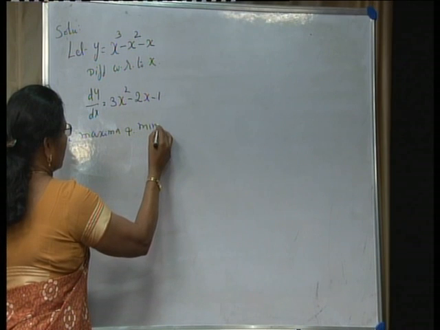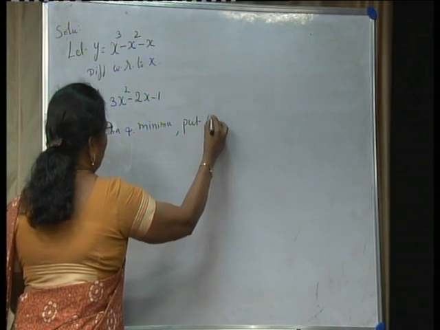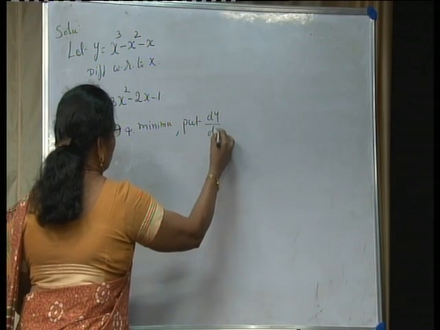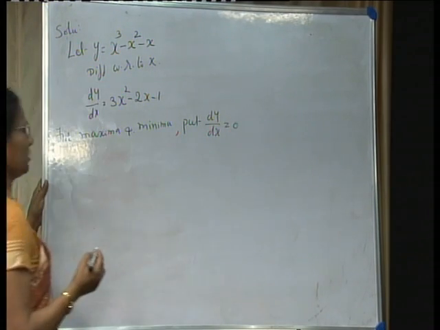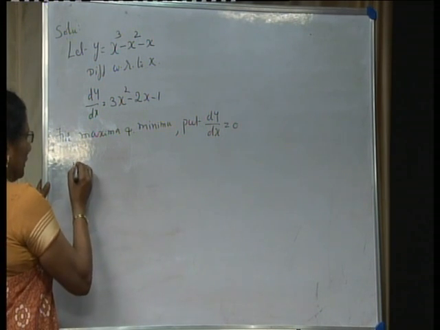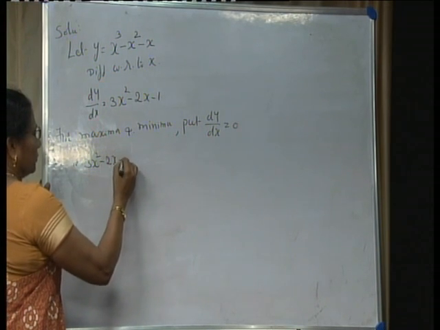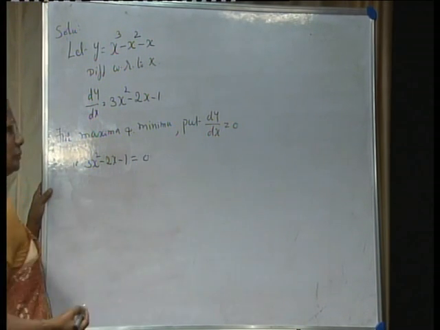Put dy by dx equal to 0. This is the condition to find the maxima and minima of the function, that is 3x squared minus 2x minus 1 is equal to 0.